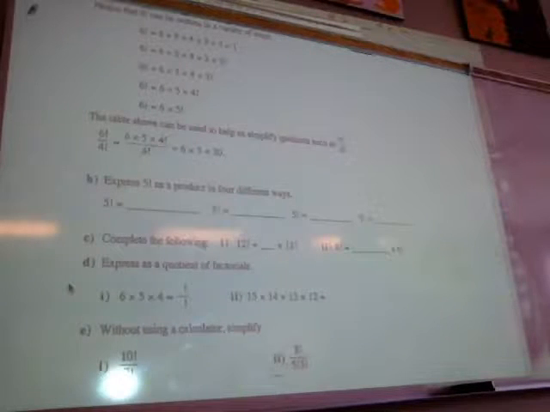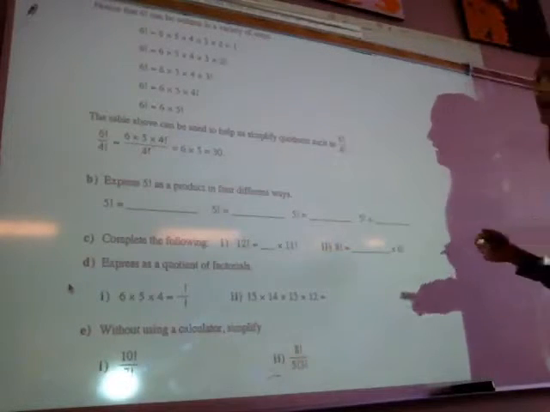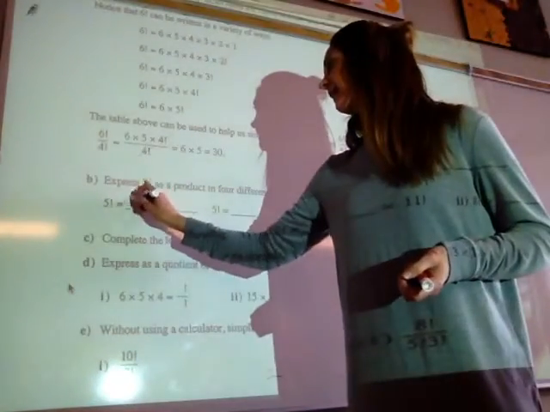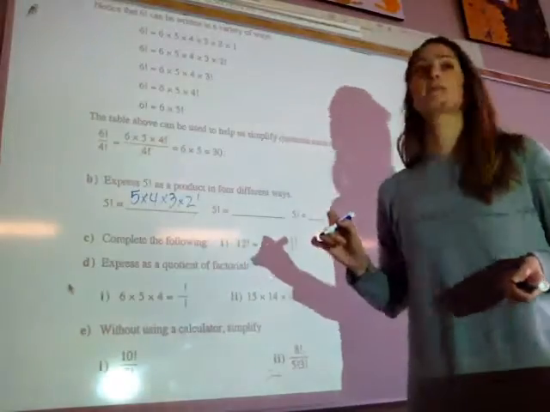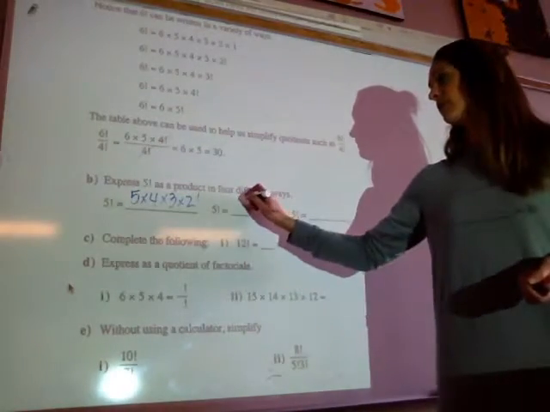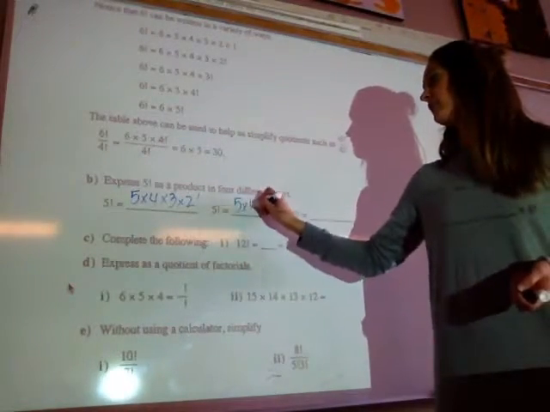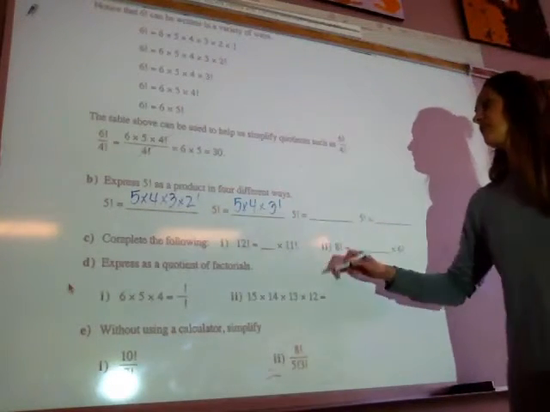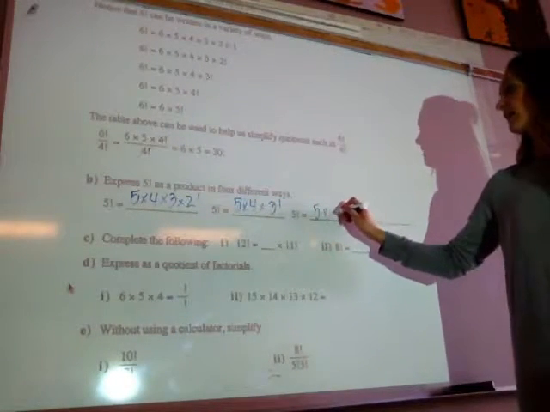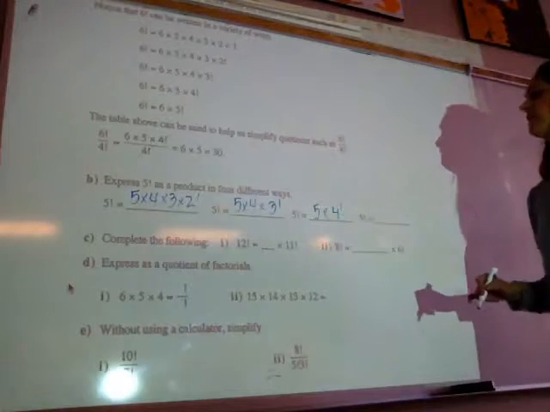So we're going to express 5 factorial as a product in 4 different ways. Okay, how about 5 times 4 times 3 times 2 factorial? Or 5 times 4 times 3 factorial? Or 5 times 4 factorial?